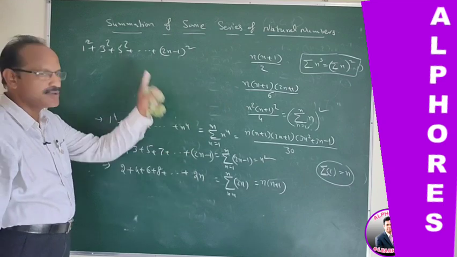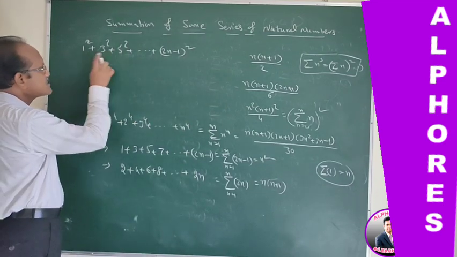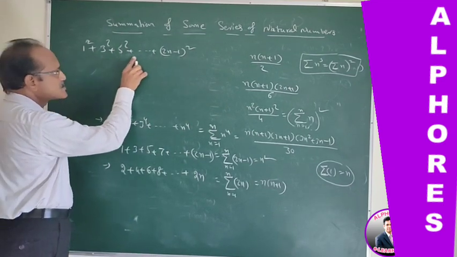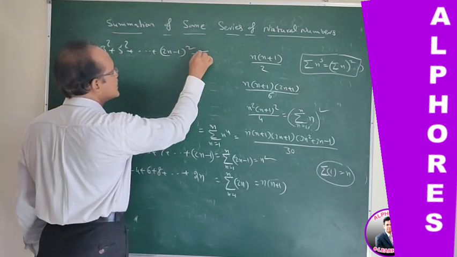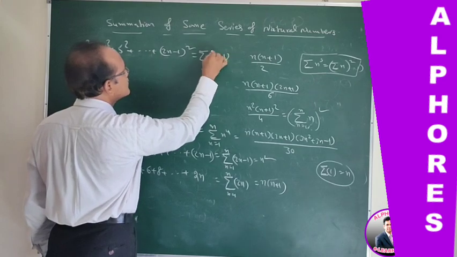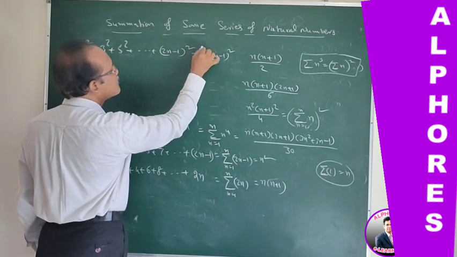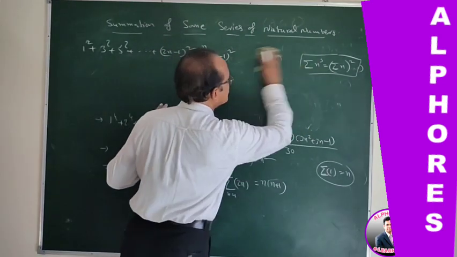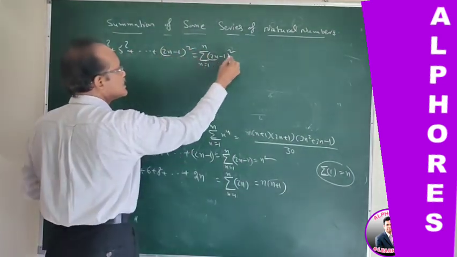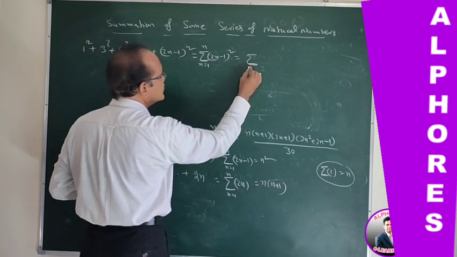This is nothing but sigma of 2n minus 1 whole square, where n is equal to 1 to n.